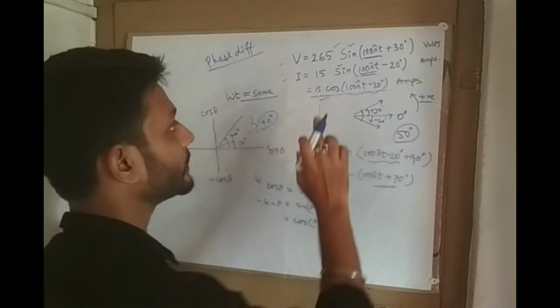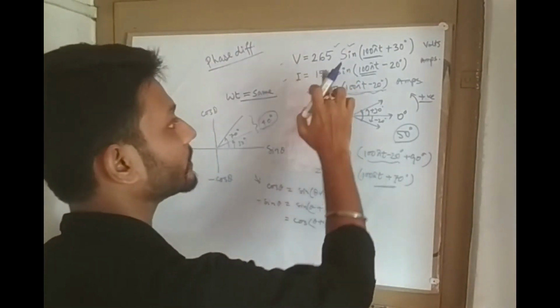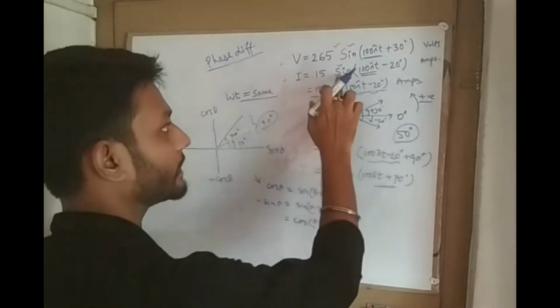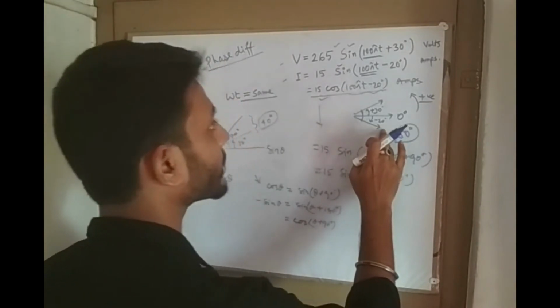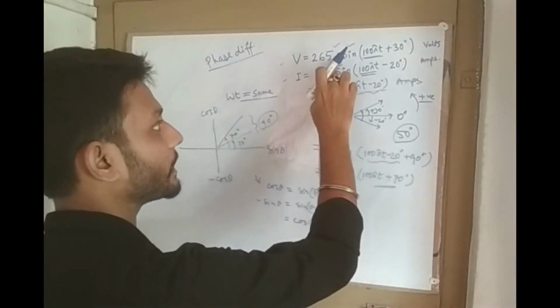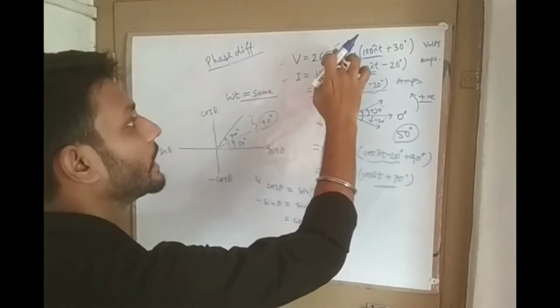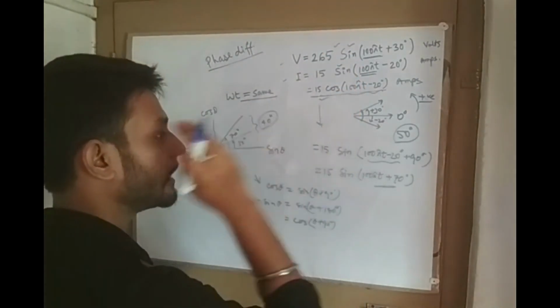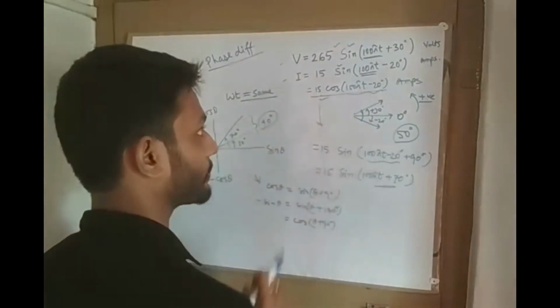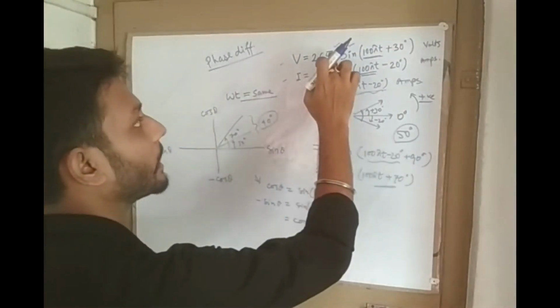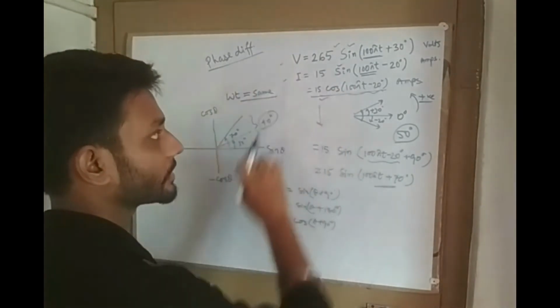So you have seen, if both sinusoidals are in terms of sine, then it is very easy. But if one is in terms of sine and the other is in terms of cos, then we have to make them equal. Either we have to convert the cos in terms of sine, or convert the sine in terms of cos.